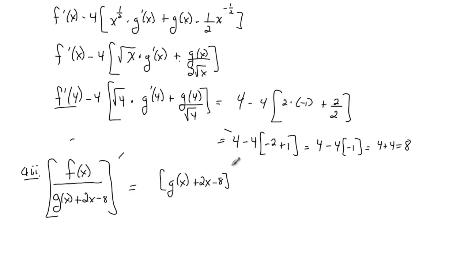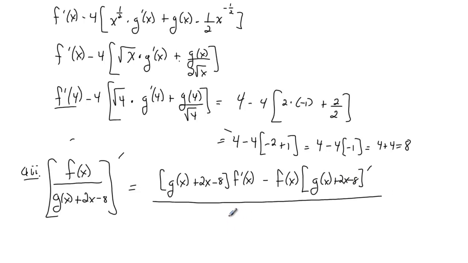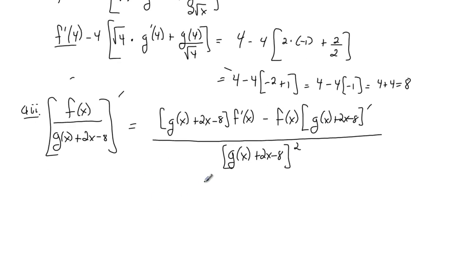The derivative of f of x will just be f prime of x, minus our numerator, which is f of x, times the derivative of our denominator, all over our denominator squared.